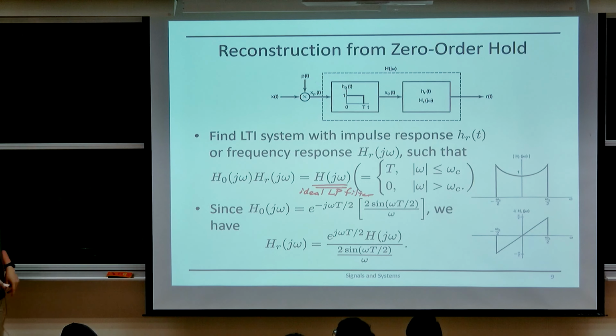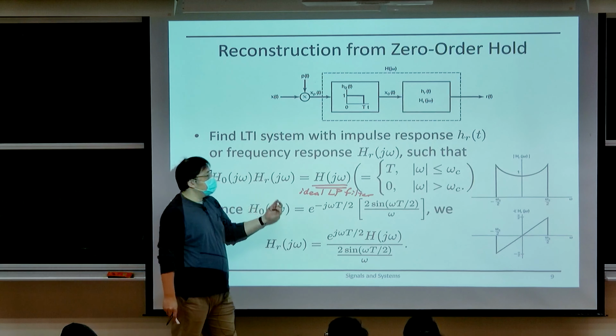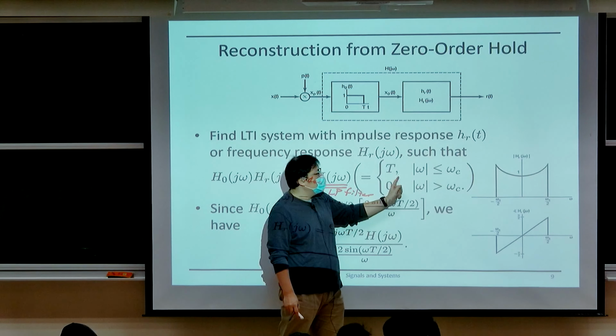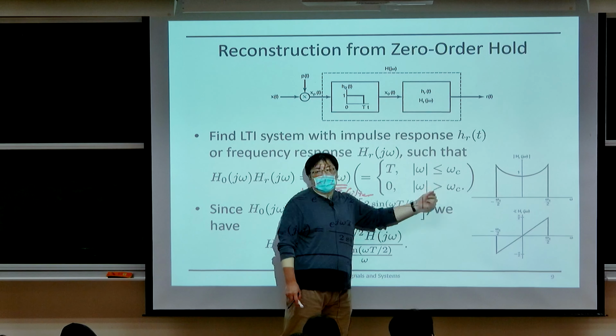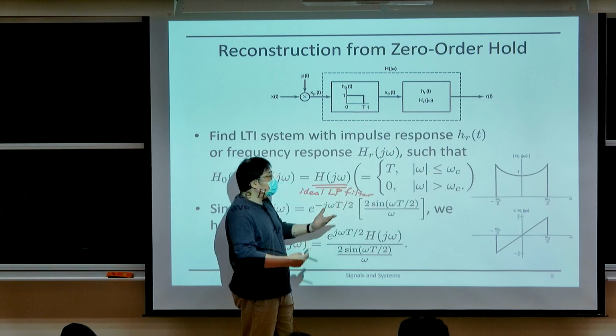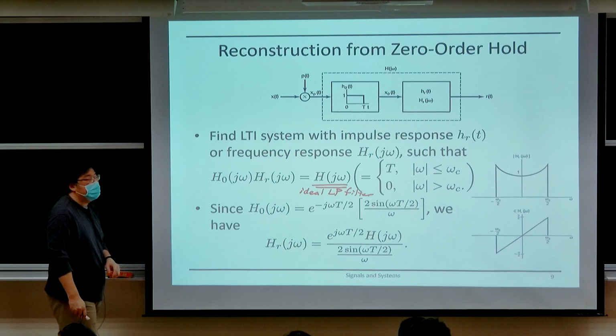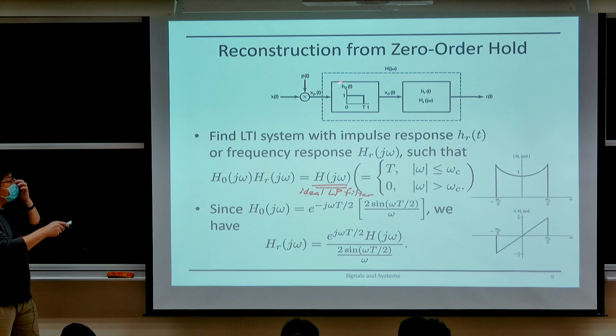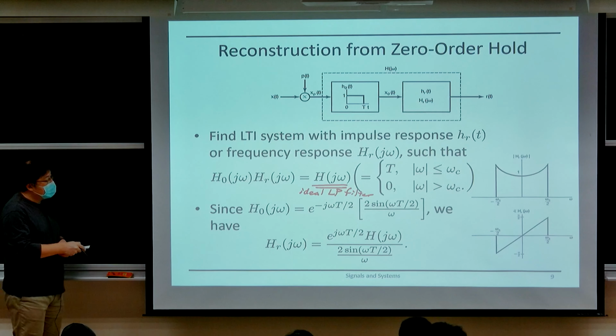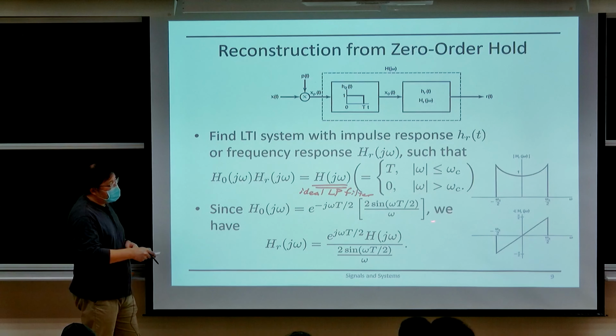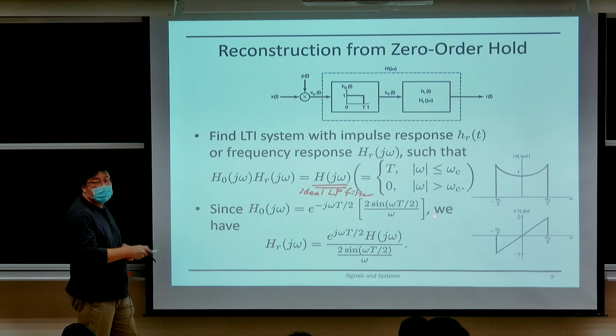Okay? So we hope that this times this gives you a constant gain between plus and minus omega c and 0 outside of that. Now, what is the Fourier transform of h sub 0 of t? It is basically a sinc function, right?